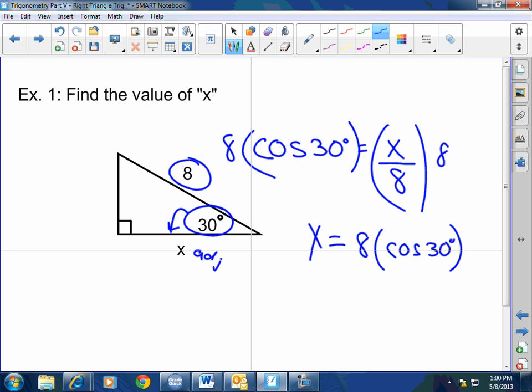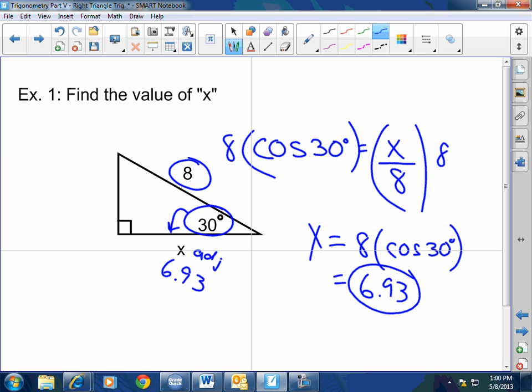And what do you get? Yeah, so let's go ahead and round it to the nearest hundredths. So 6.93. And that, my friends, is x. And that, my friends, is how you find missing sides using trigonometry.